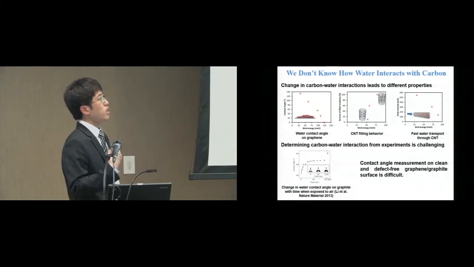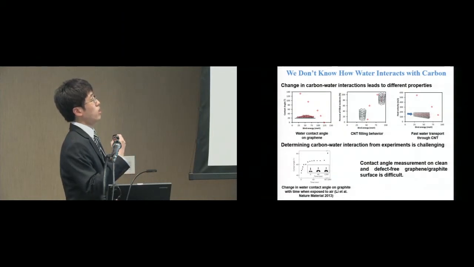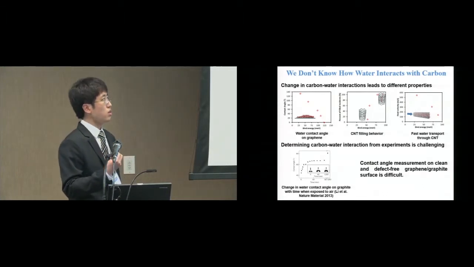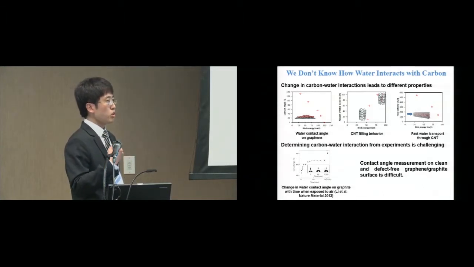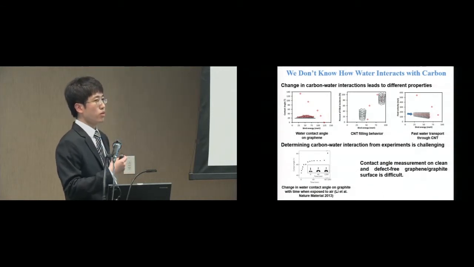So definitely we want to know where the real binding energy is, so that we can predict the properties we are interested in. Usually, this binding energy is estimated by measuring the water contact angle on the carbon, graphene, or graphite surface.